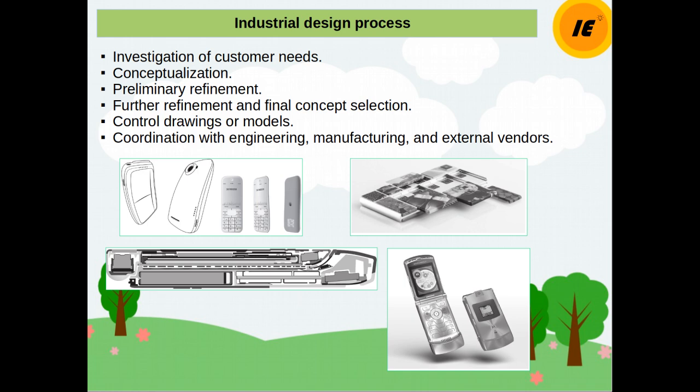And as far as the drawing is concerned, specifically the fifth step, one can use again the CAD, the computer aided design software. The particular example the author has taken for this chapter is Motorola's Razr phone, and in the bottom right figure you can see the CAD image of that. I think this is a control drawing most probably.